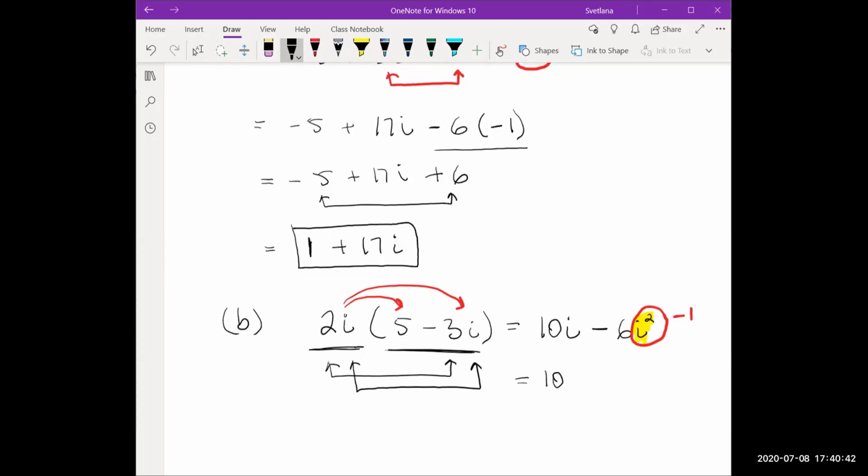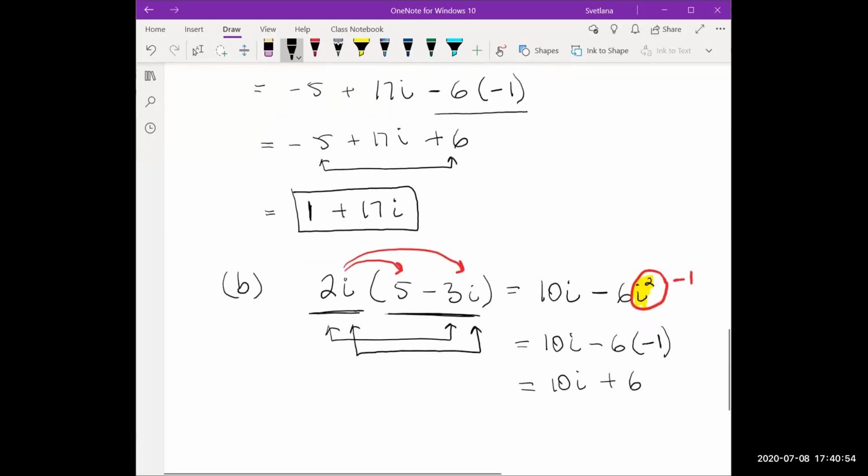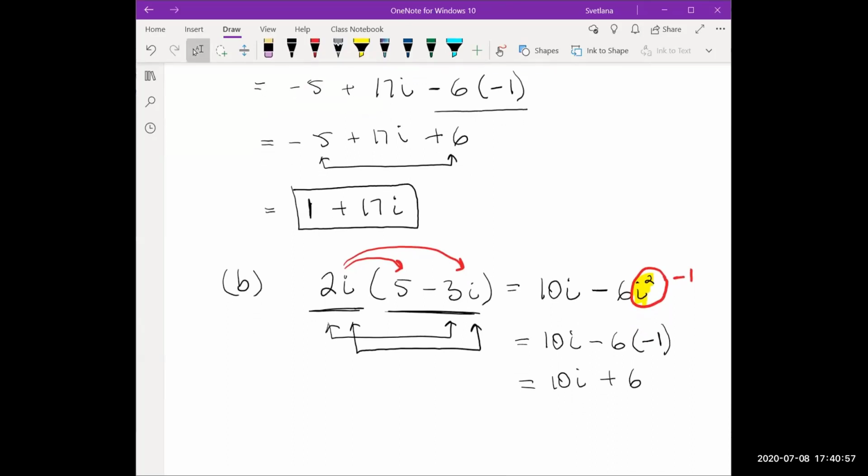So then I'll have 10i, and then -6 multiplied by -1, which is 10i plus 6. Even though that's the complex number we get as a result, what I'll box is with the order switched. I'll put the real part first and then the imaginary part, so it looks like the standard form of a complex number.